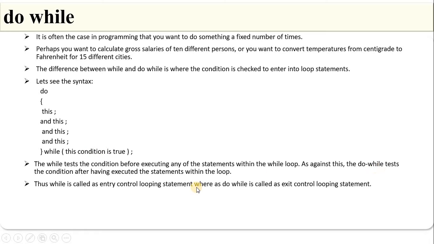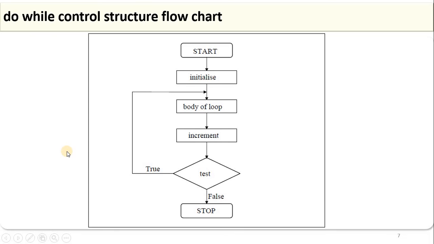So do while tests the condition after having executed the statements within the loop at least once. Thus, as the condition is checked at the exit of this body, it's called an exit control looping statement.